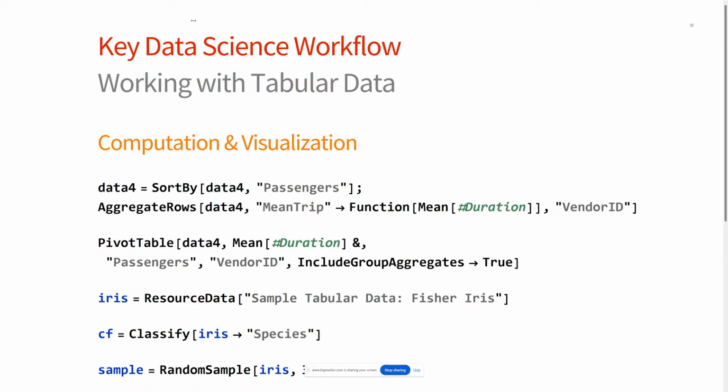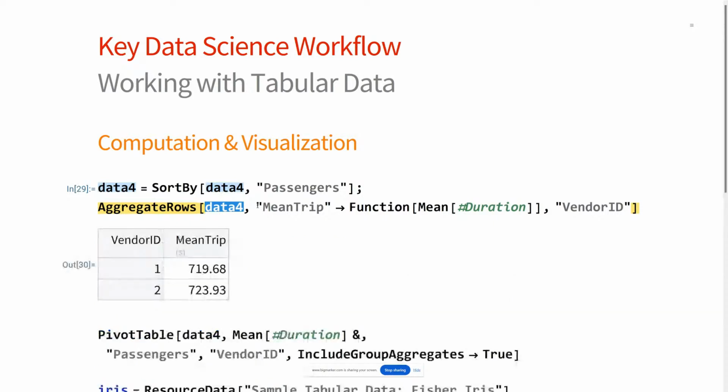But in the world of tabular data, there are certain kinds of operations that now become reasonable that in more general data structures are kind of pointless, because there are so many cases where they don't work, they become just silly functions. So one of those is aggregation. I can take my data set here, I'm sorting it first, but then I'm going to say I want to find the mean trip time.